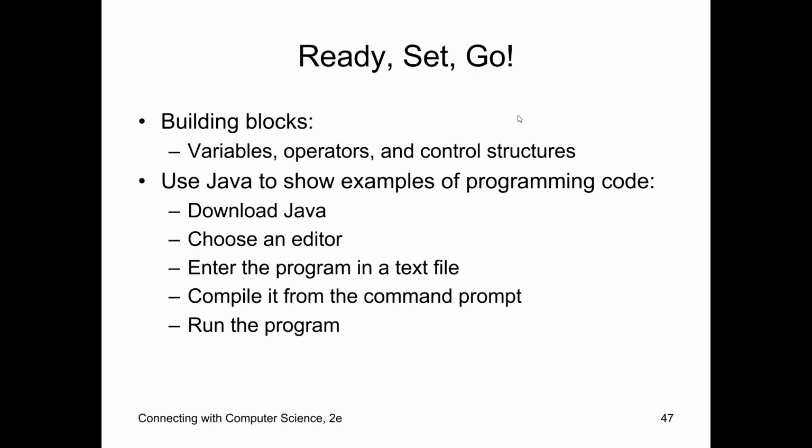So, we're ready, right? Let's go, let's do this. Again, if you're using CS 1400, this is a review. But for those who haven't done any programming, just know that your building blocks are your variables, your operators, which we talked about, and the control structures. We're going to show some examples in Java in this course, but your programming language of choice will have variables, operators, and control structures based on the syntax of that language.